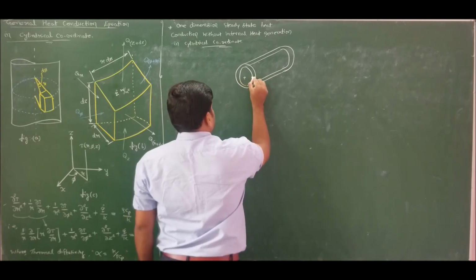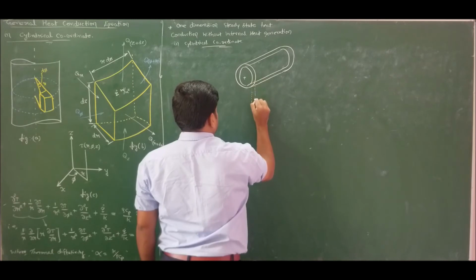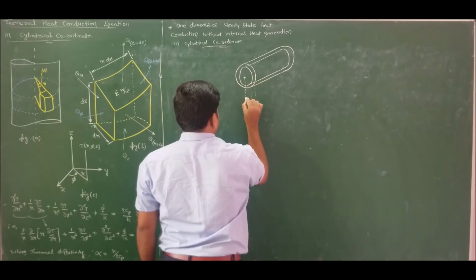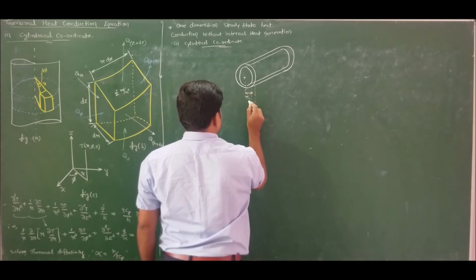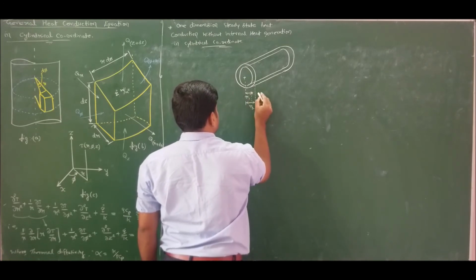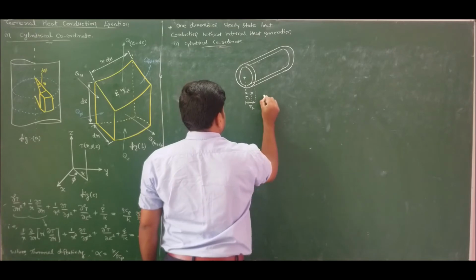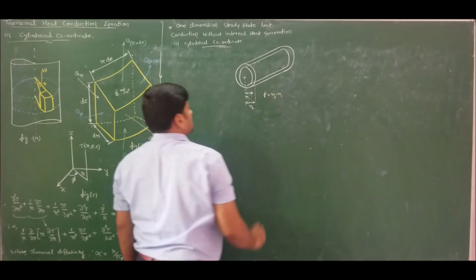So now I can write this as, from here to here I can mark it as radius R1. From here till here I can mark it as radius R2, and this length can be taken as thickness, that is thickness is equal to R2 minus R1.